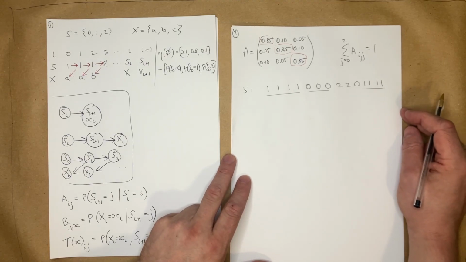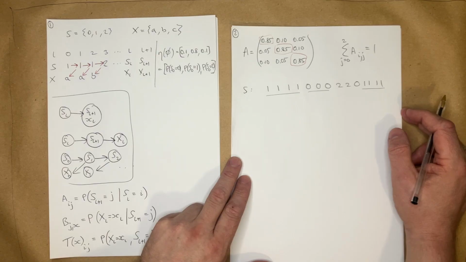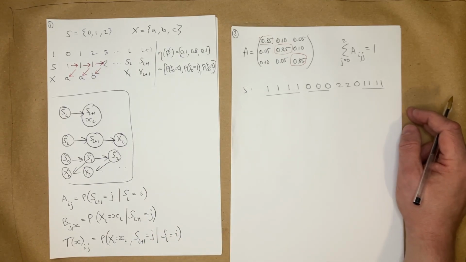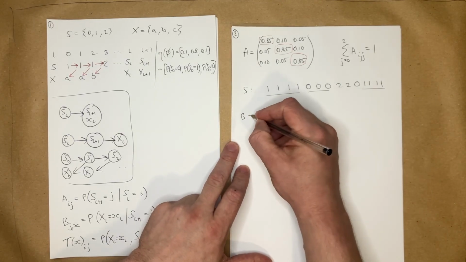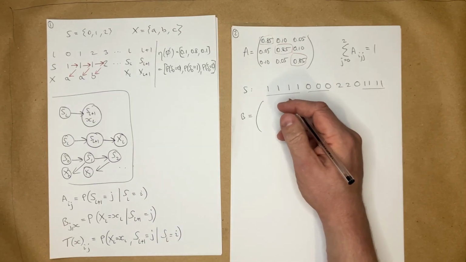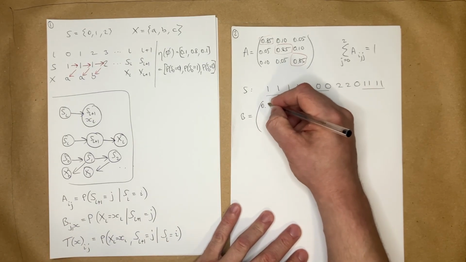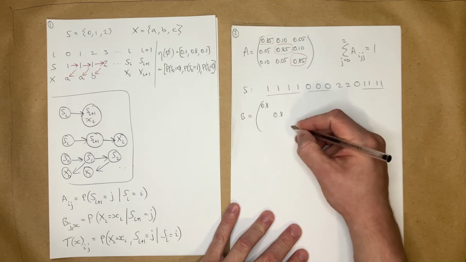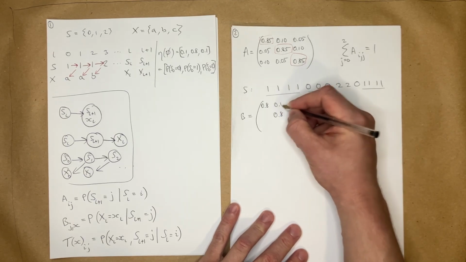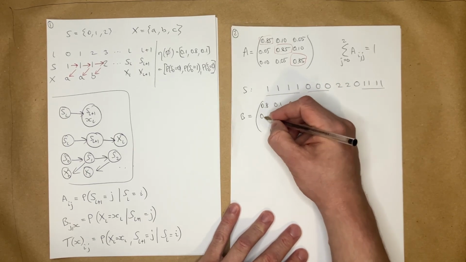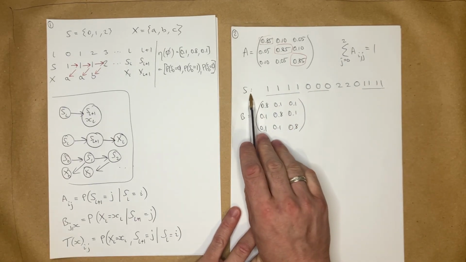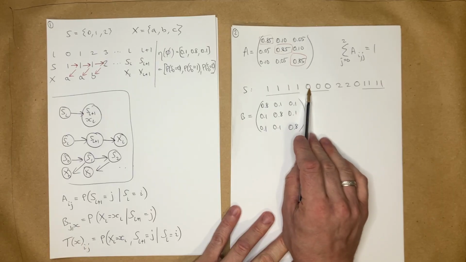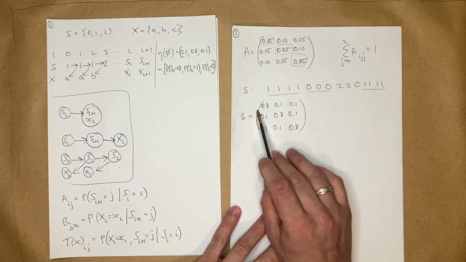Basically, it's very sticky. And the matrix B, as I said, measures the extent to which each hidden state reveals itself through the token it emits. So let's say B has values 0.8, 0.8, 0.8, and I'm going to put 0.1 for the other ones. All this means is that if the hidden state is in state 0, the token that gets emitted tends to be A with 80% probability.